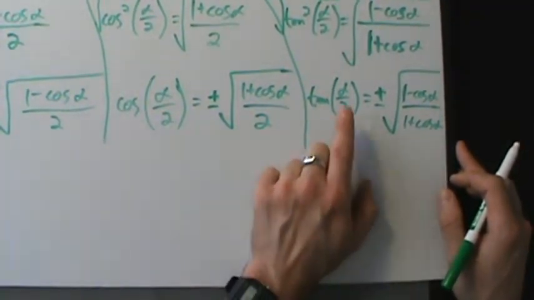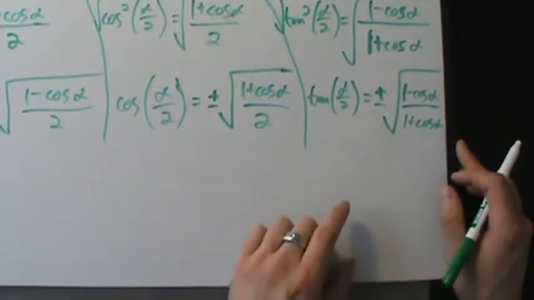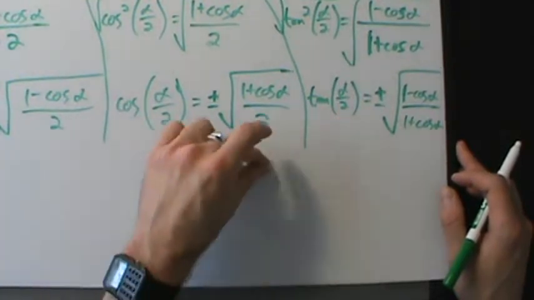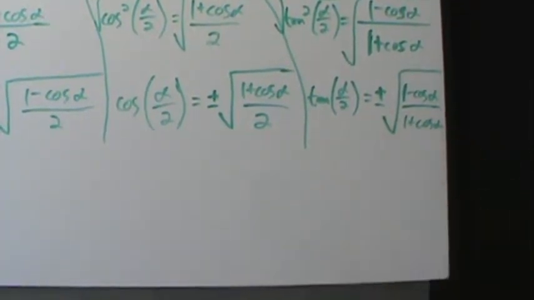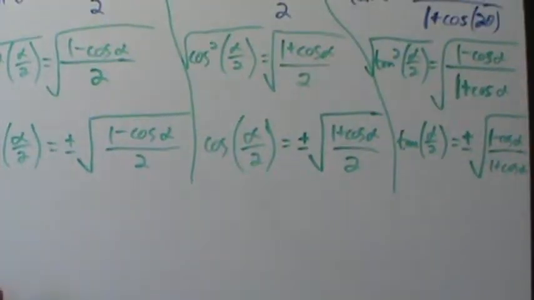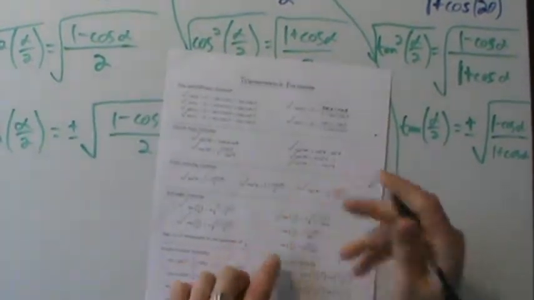So if alpha over 2 is in quadrant 1 or quadrant 3, the tangent's positive. If alpha over 2 is in quadrant 2 or quadrant 4, then this will be negative. And again, we will see some examples with things like that coming up soon in later videos. So that establishes this formula right here.